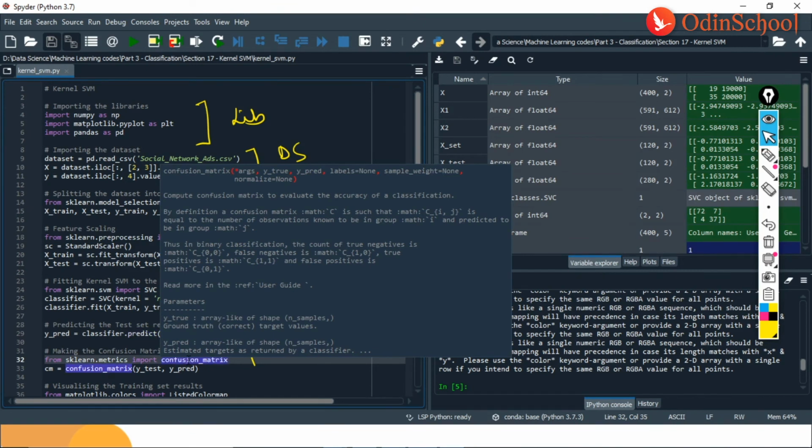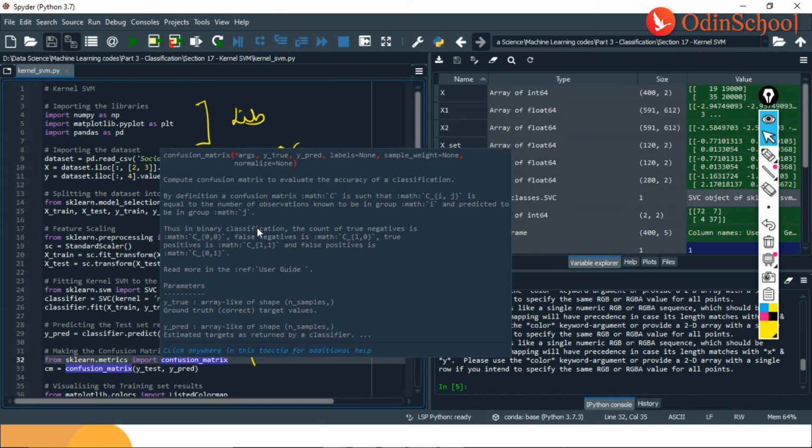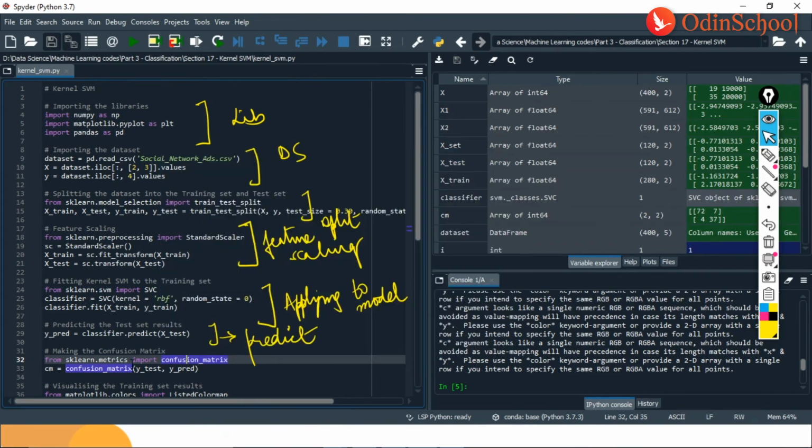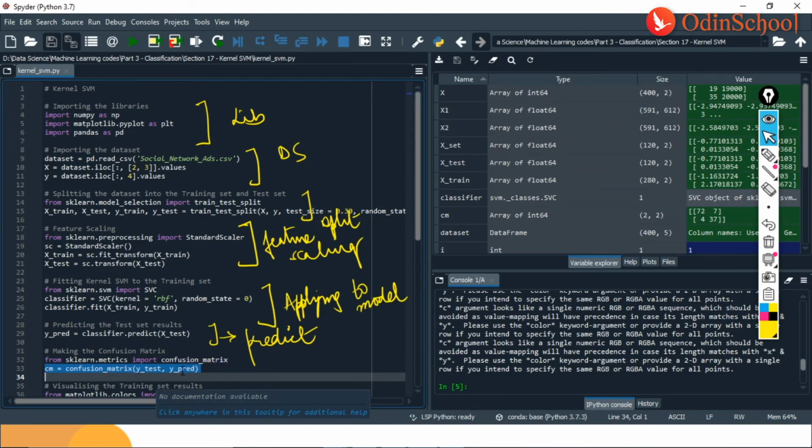Now that we all know what confusion matrix is, I don't think we have to delve deep into it. So I'm importing my confusion matrix, and then I'm using the other two, which are y test and y pred.